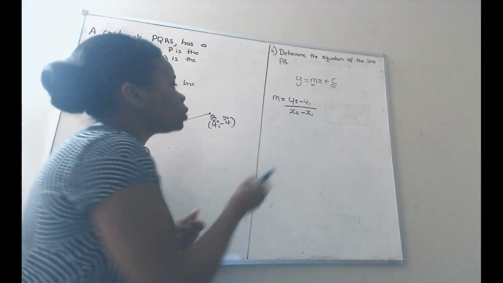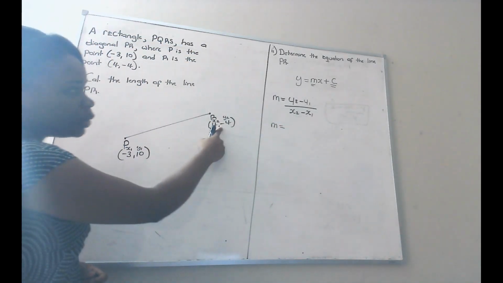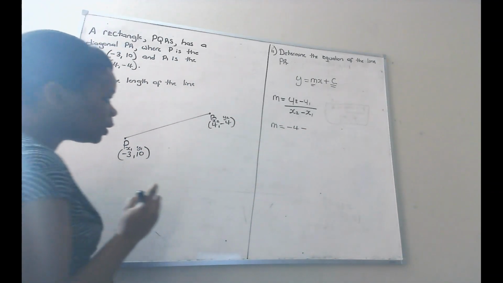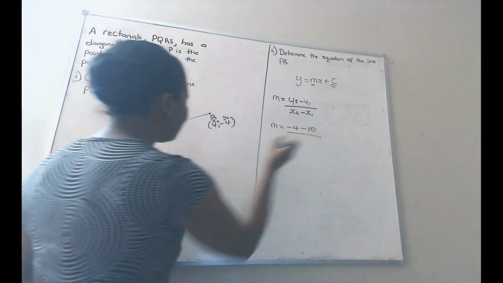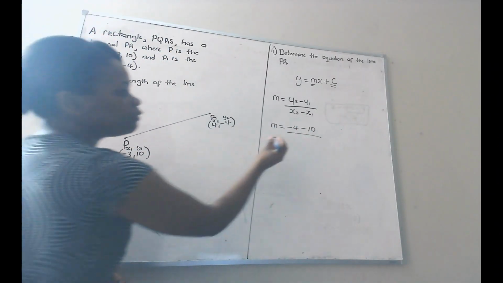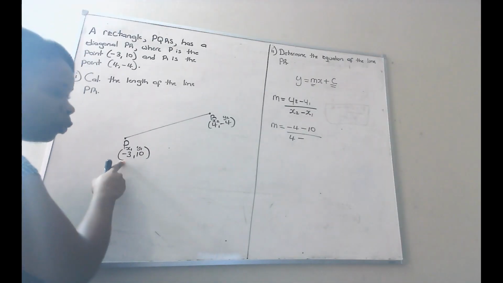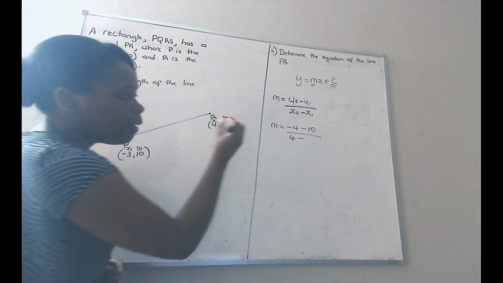Now let's go. So m is equal to y2. y2 is minus 4 minus what is y1? 10, divided by x2, which is 4, minus x1, which is minus 3. x1 is minus 3.